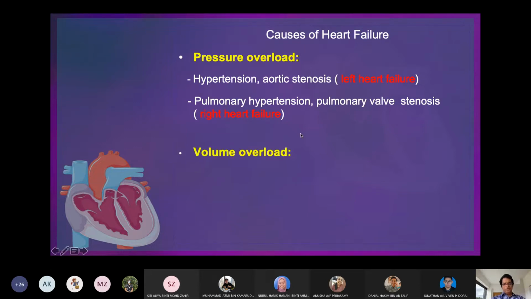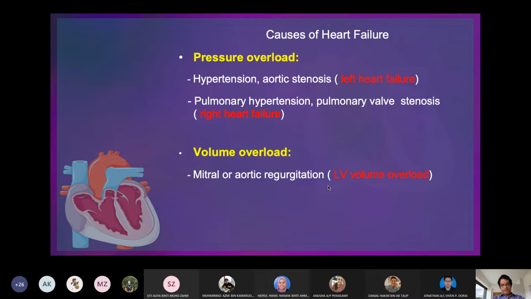If volume overload, it should be regurgitation, right? Mitral or aortic regurgitation. During systole, valves are not closing, so blood will flow back. That is volume overload.